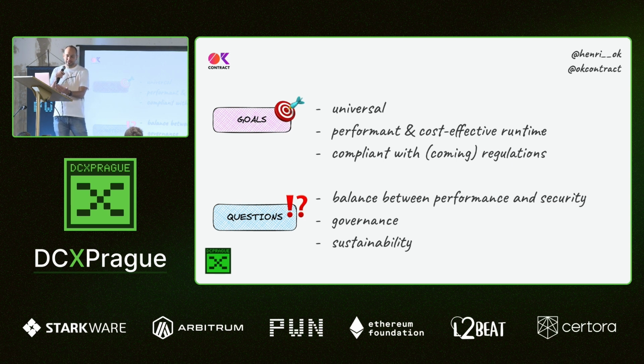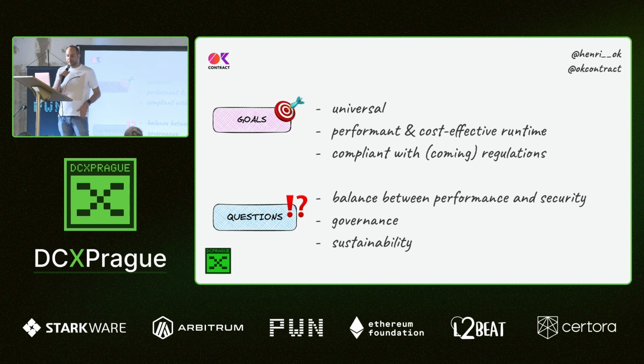And obviously, we want to be compliant with coming regulation for being a decentralized protocol and a decentralized interface. I think that in that area we will probably be as fine as can be.